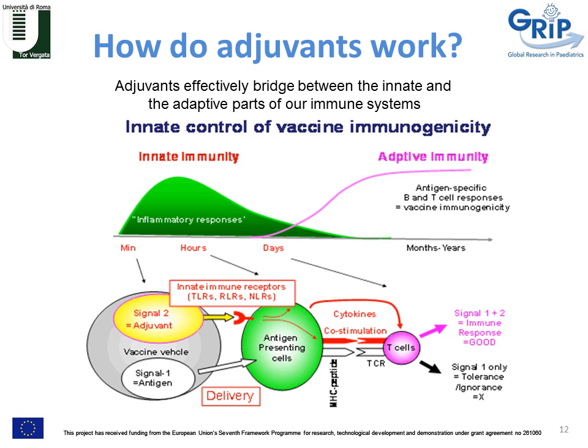The next slide, number 12, explains in more detail the relationship between the innate immunity and the adaptive immunity. And as explained in the previous slide, the novel adjuvanting systems effectively bridge between the innate and the adaptive part of our immune systems. And time is important.